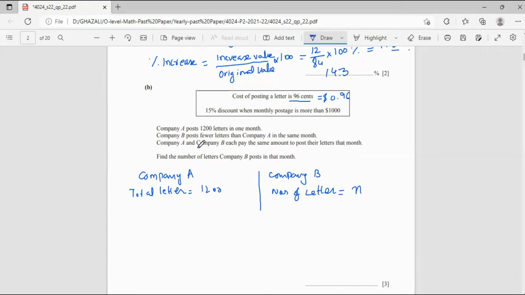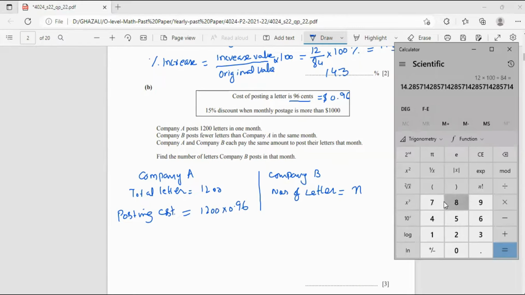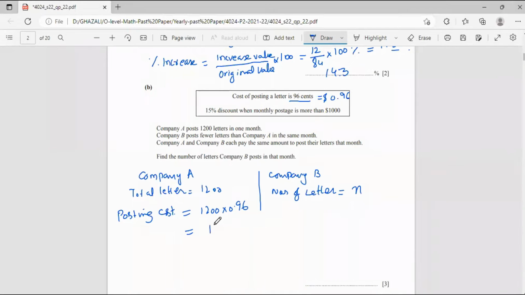Here company A posts 1200 letters in 1 month. Now the posting cost becomes 1200 multiplied by 0.96. We calculate it: 1200 multiplied by 0.96 becomes 1152 dollars.